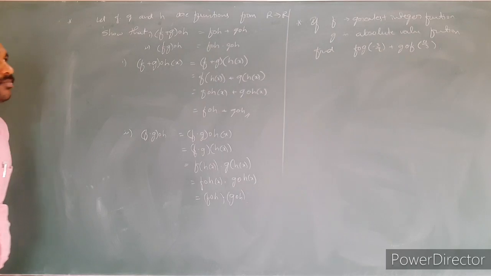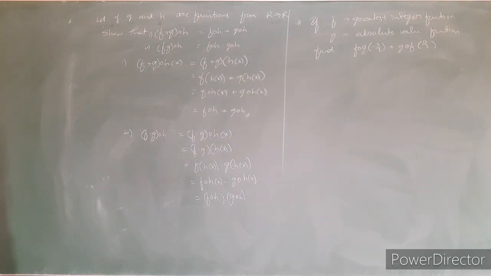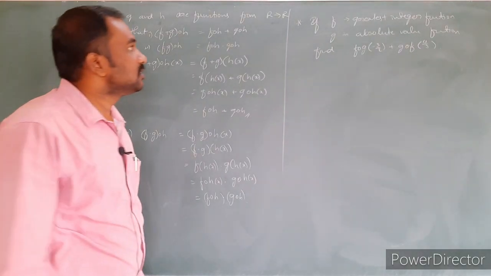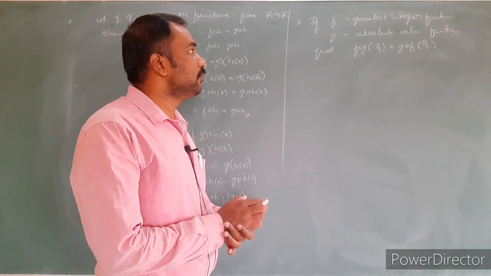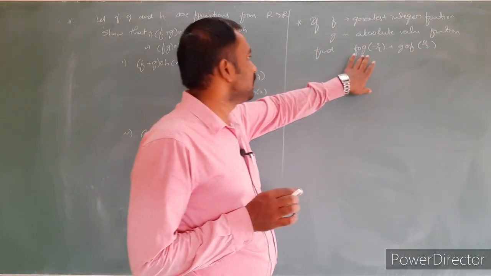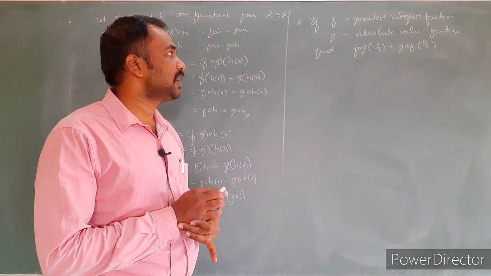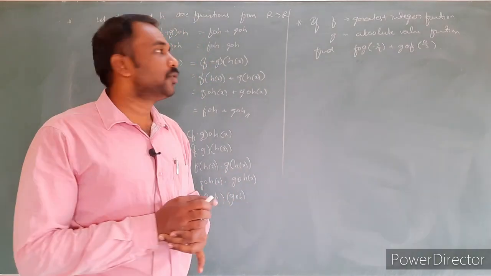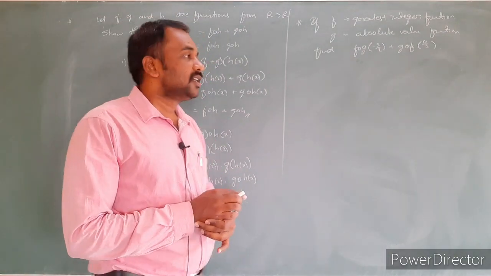So here f is the greatest integer function and g is the absolute value function. In such a case, we are required to find the value of f circle g of minus 3 by 2 and g circle f of 4 by 3.